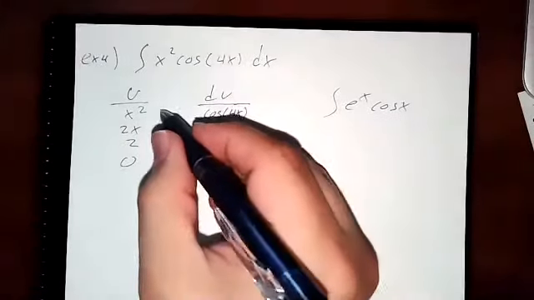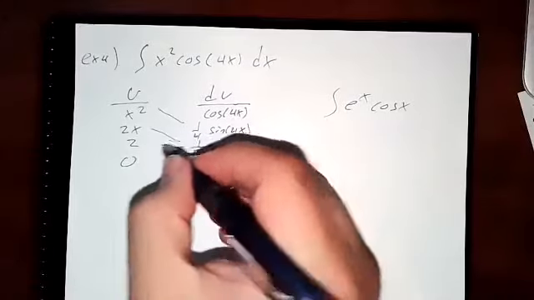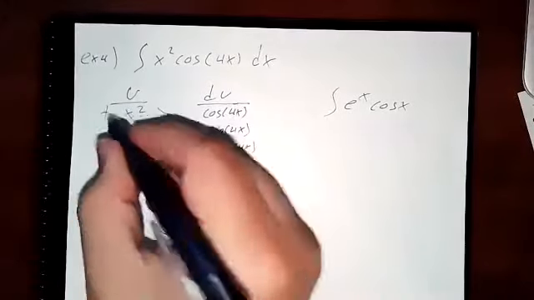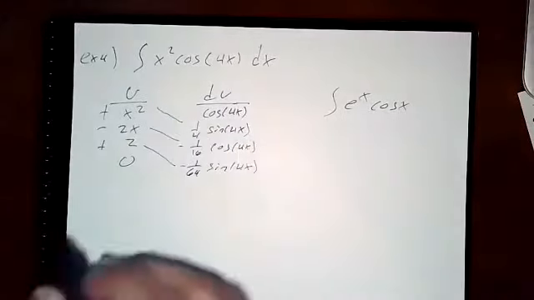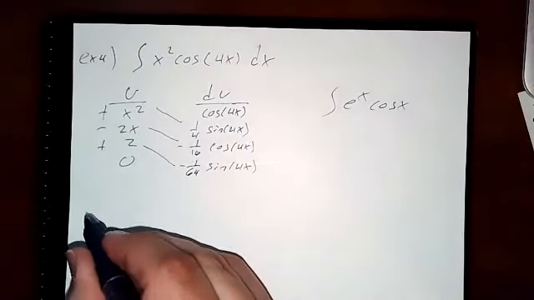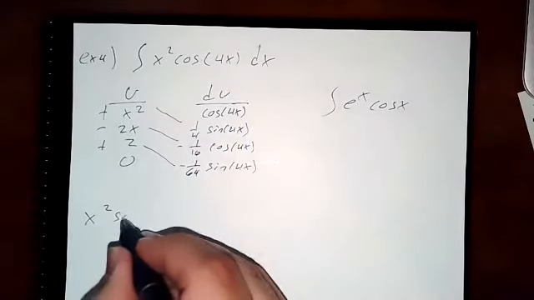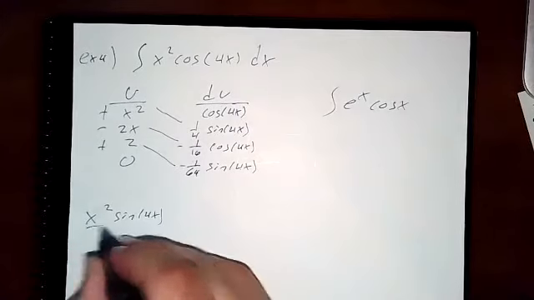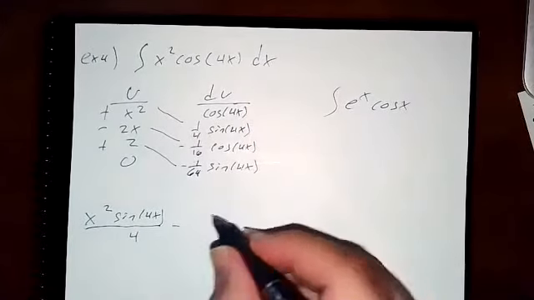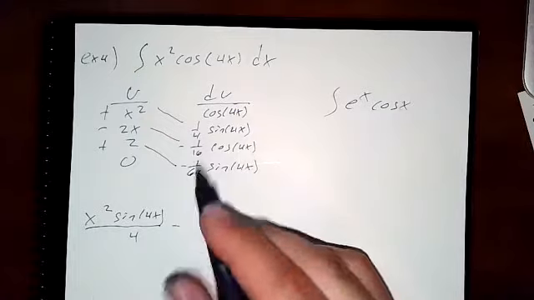So you pair this one here, this one, plus, minus, plus. So the answer would be x squared sine 4x over 4 minus minus, right?